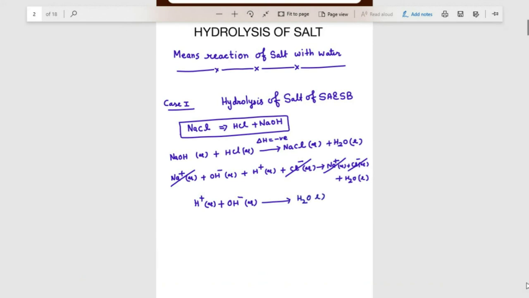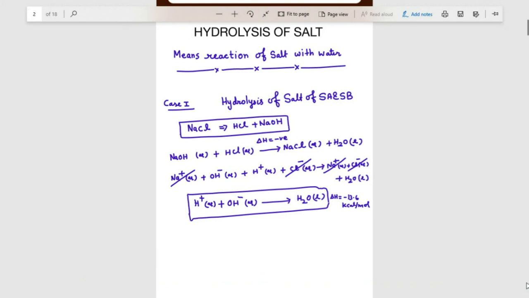So it is an exothermic reaction, right? And we also know the amount of heat energy liberated in this process, right? The minus sign will indicate that heat energy is liberated. So if I write delta H of this reaction, that is equal to minus 13.7 kilocalorie per mole, right? In thermochemistry we have studied that.